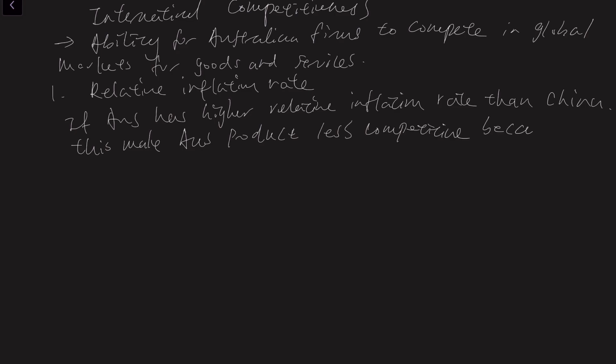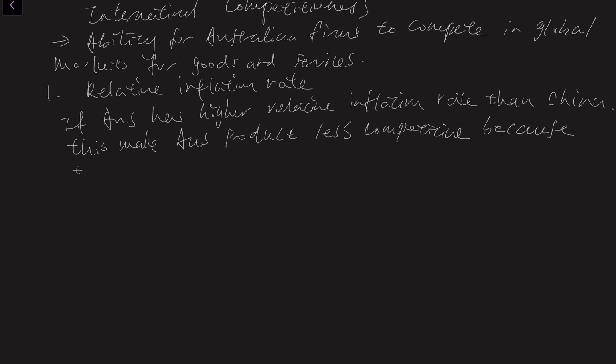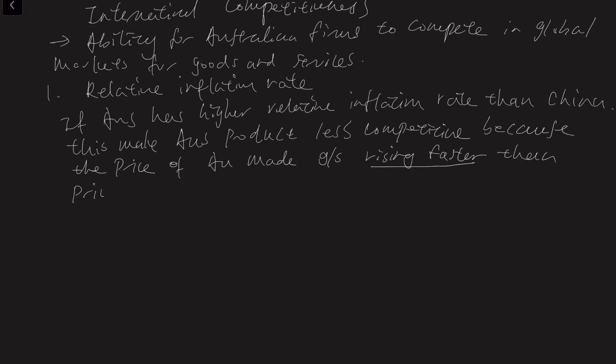So why is that? Because the price of Australian-made goods and services is rising faster. So this means the relative price is actually increasing compared to the price of Chinese products.